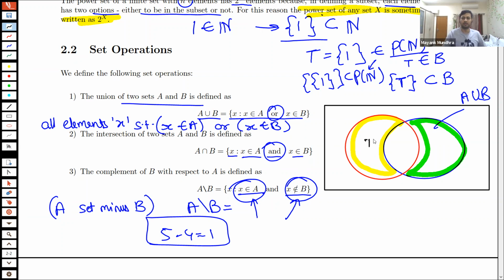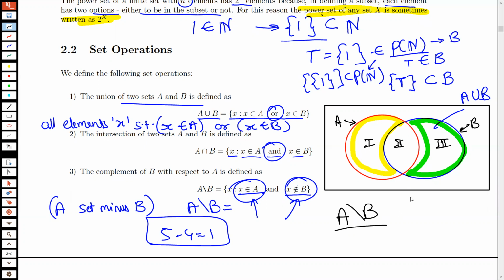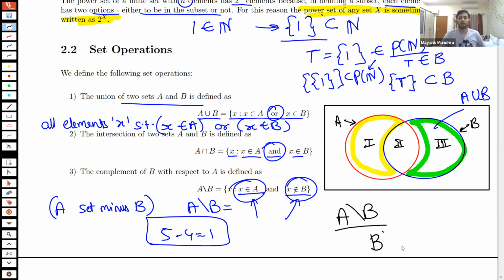This was my set A and this was my set B. In terms of regions, what region or combination of regions would represent A set minus B? Region 1, very good. You take the entire set A and you remove the elements in set A which belong to set B, so it's going to be just region 1. What about B minus A?